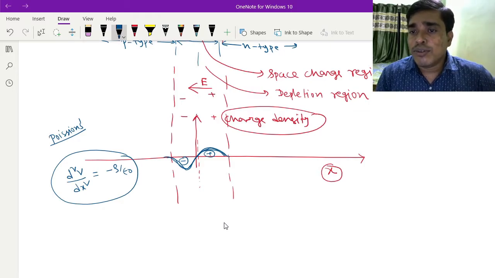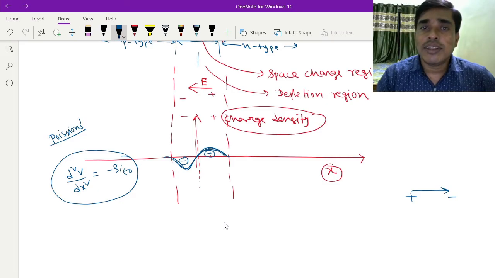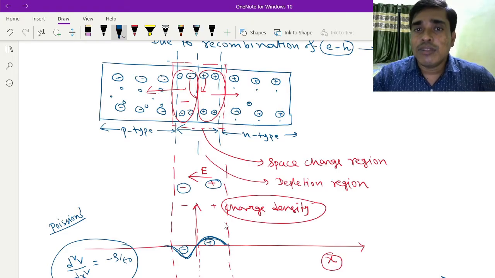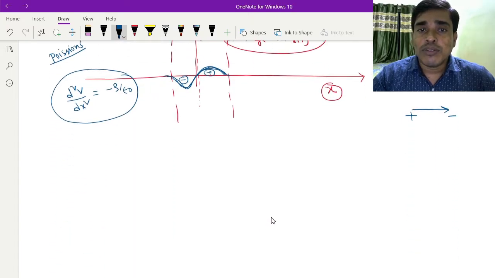Now we know that if this is plus charge and this is minus charge, then there will be an electric field. Here you see that through this junction one side is positively charged and another side is negatively charged, so there is an electric field through this junction.